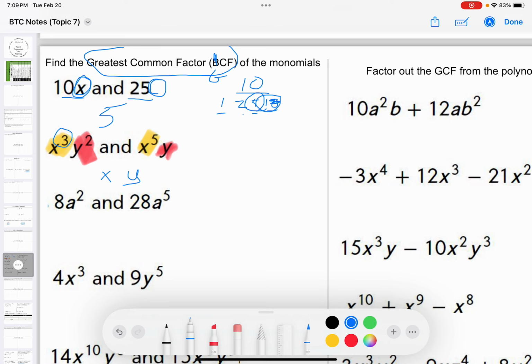So I have a 3 and I have a 5. So I can't take more than I have in my smaller of the two. So I can't take more than 3, but I can take or factor out a 3. Same goes for the y's. I've got 2 and I've got 1. So I can take out the 1 that's sitting here or just leave it as y.